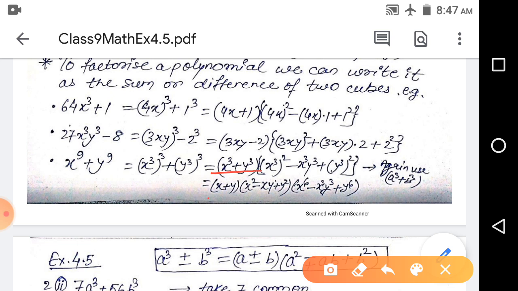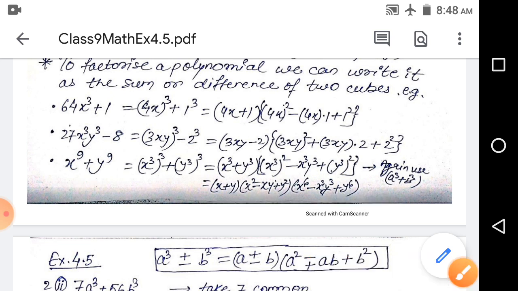So it will become x plus y and x square minus xy plus y square. And for this bracketed term, if we break the bracket, here we have x cube square, that means x to the power 6, minus x cube y cube, and y to the power 6. So this is the complete factorization for this. This is the answer.